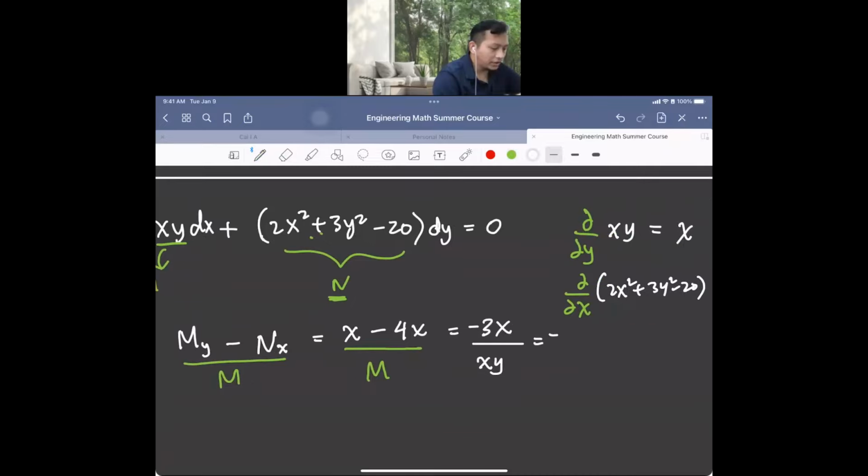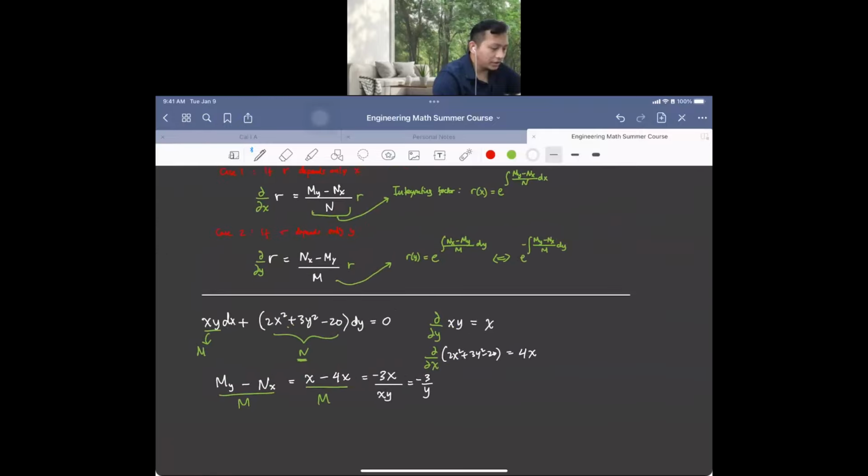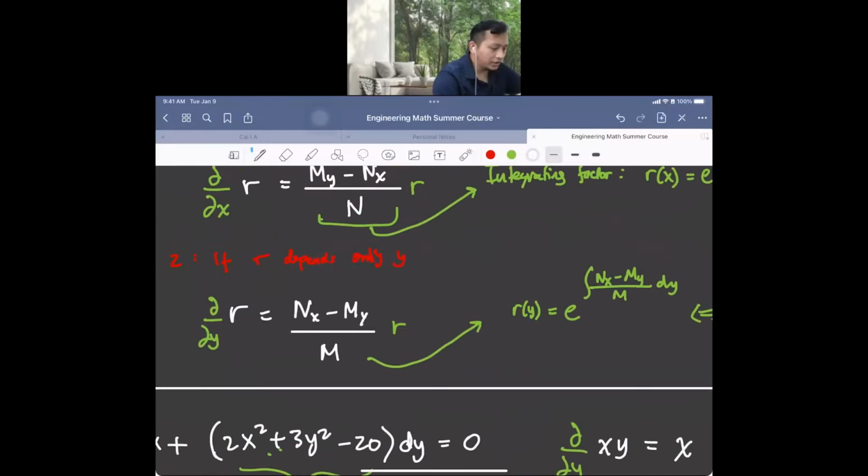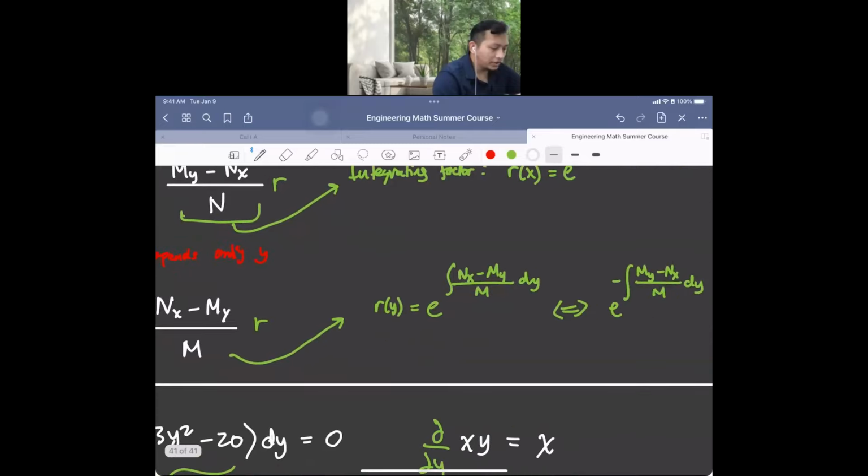So we are going to have negative 3 over y, and this is our integrating factor. Remember that when we divide by m, what we have is the integrating factor in terms of y.